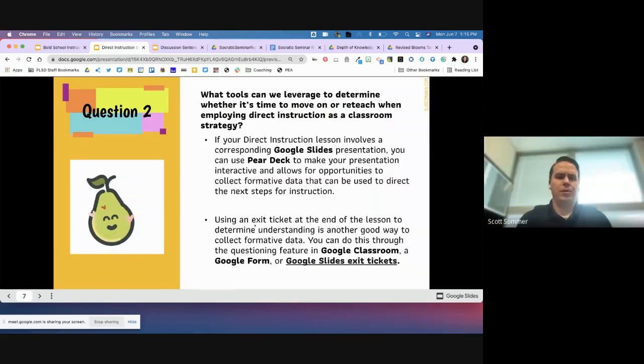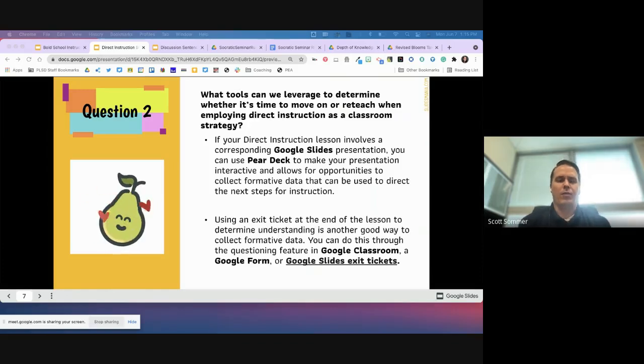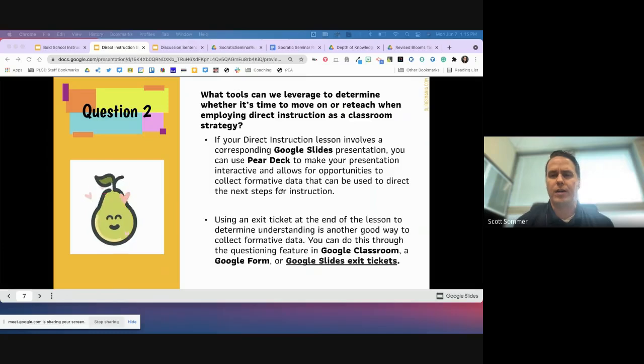For question 2, the question was, what tools can we leverage to determine whether it's time to move on or reteach when employing direct instruction as a classroom strategy? The one I came up with is that if the direct instruction involves a slideshow presentation using Google Slides, you can easily add Pear Deck to make the presentation interactive, collecting information from the students as you progress through your lesson.